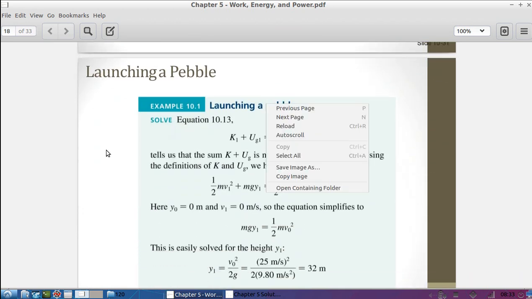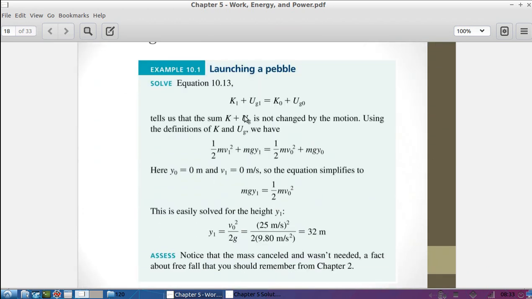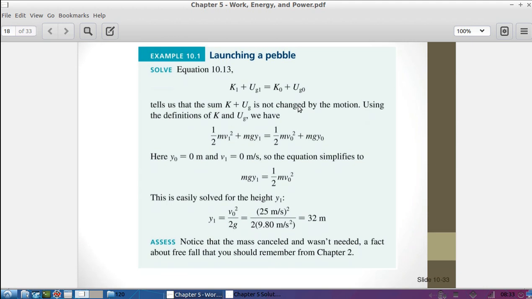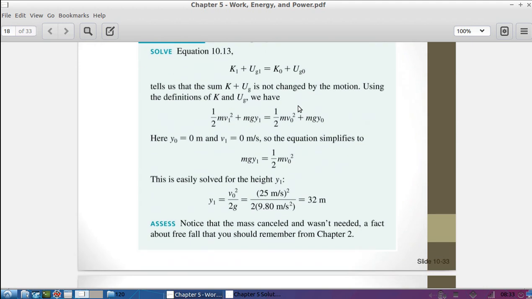So here is my conservation of energy equation. The initial kinetic plus the initial potential equals the final kinetic plus the final potential. In future examples, I'm going to write out this equation, look at these terms, and then look at the situation to see what I can set equal to 0.